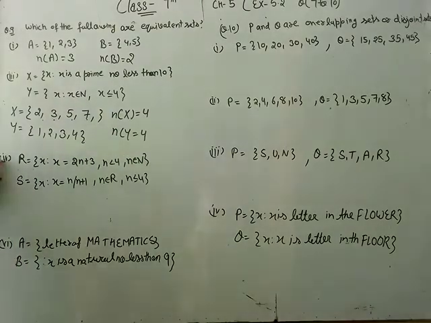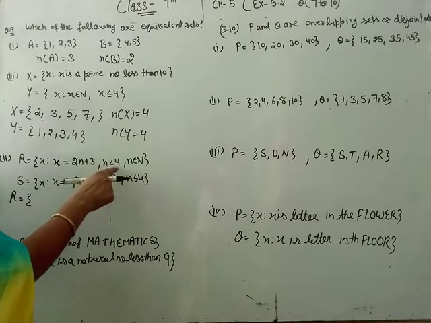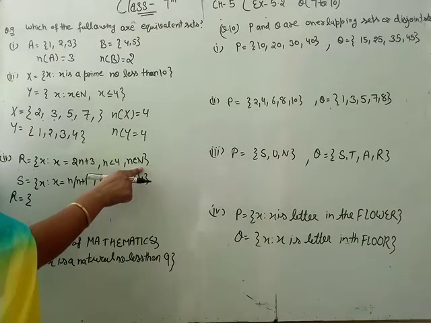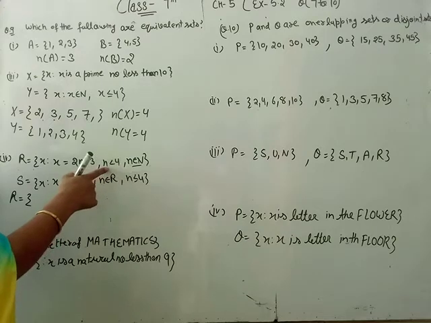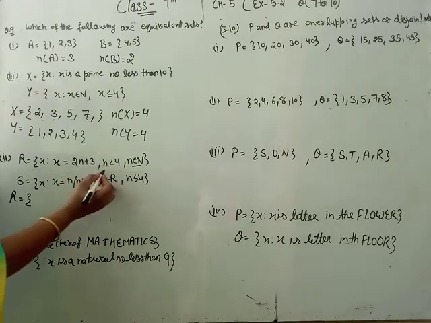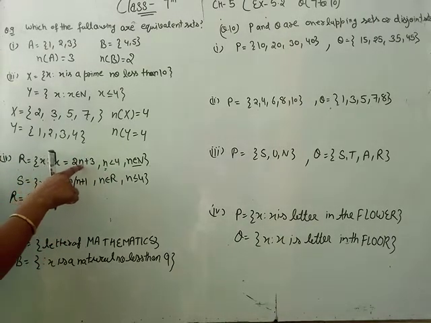Okay, next is part number 4. Set R: X equal to 2n plus 3, n less than 4 and belongs to natural number. We take n from natural numbers less than 4. First, if we take natural number 1, which is less than 4, then in set R, x equal to 2 into 1 plus 3.